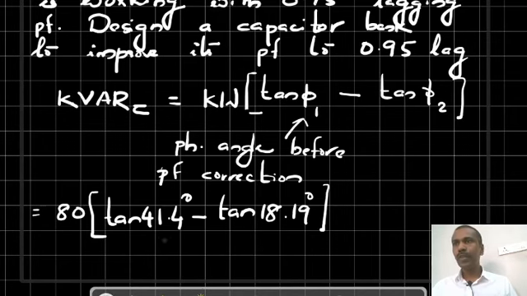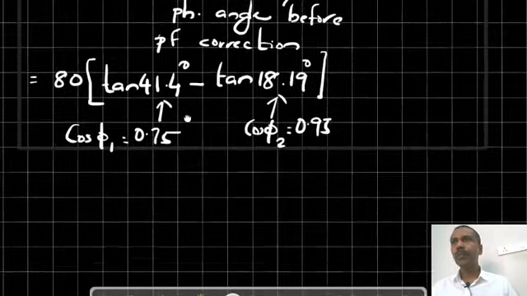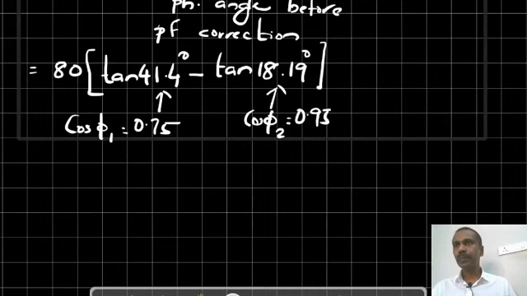So this 41.4 corresponds to cos phi 1 equal to 0.75. From this you can calculate the value of phi 1. And this angle is from cos phi 2 equal to 0.95. This is the power factor to which you have to improve using the capacitor bank.